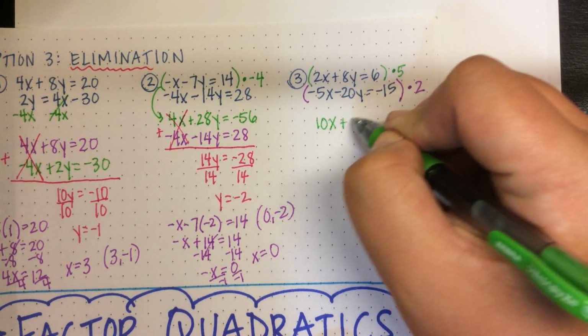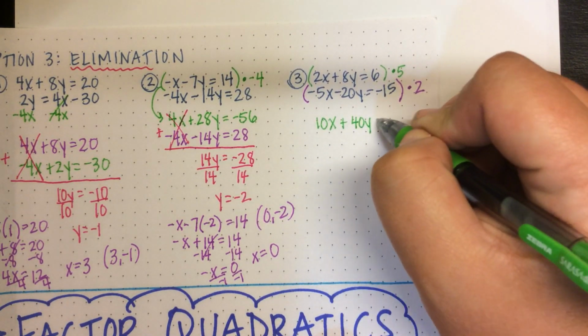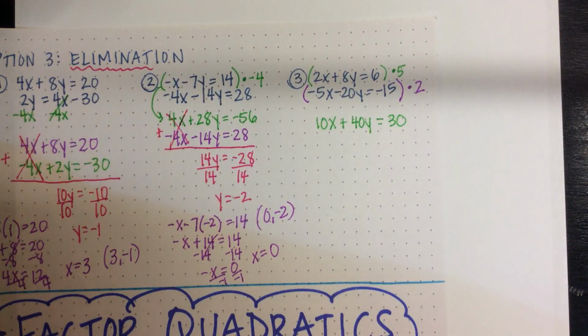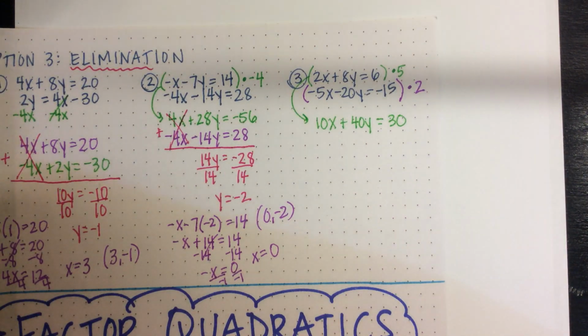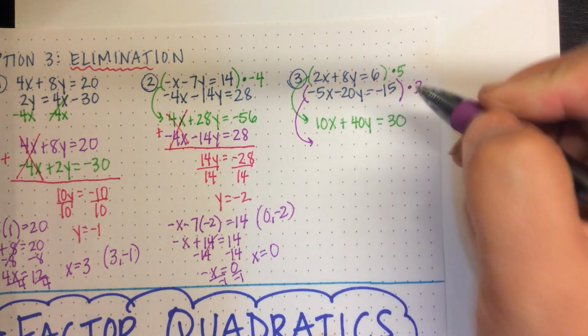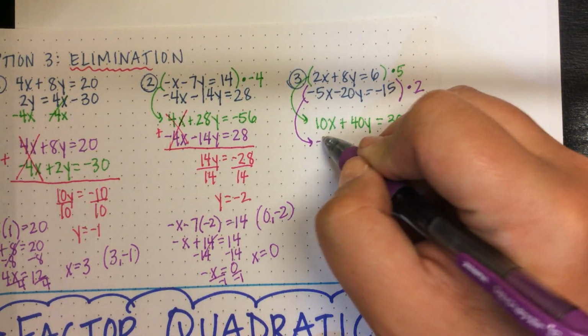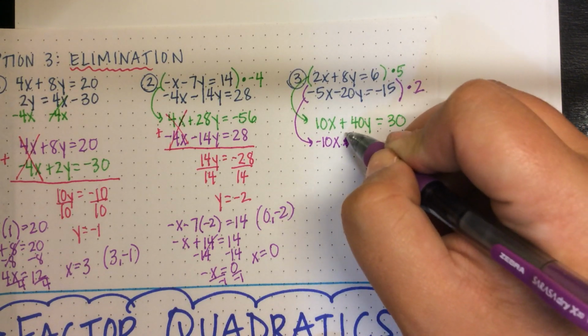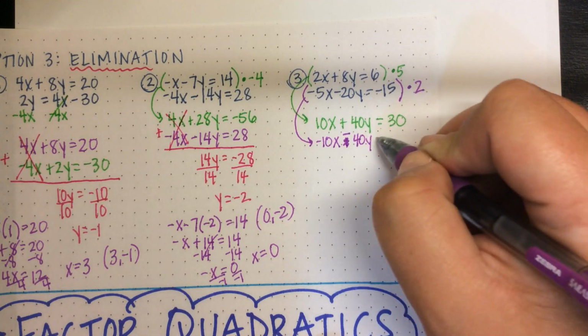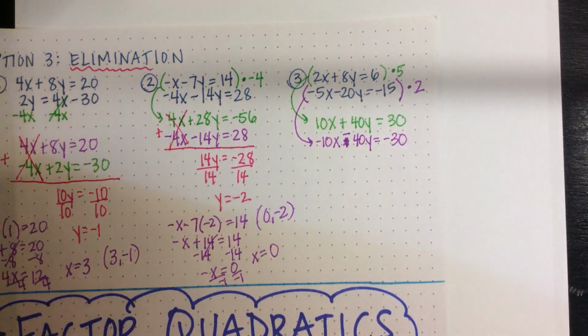So we have 10x plus 40y equals 30. All right, so there's my top equation. Then I'm going to take the bottom equation and multiply it by 2. So I have a negative 10x and then minus 40y equals a negative 30.